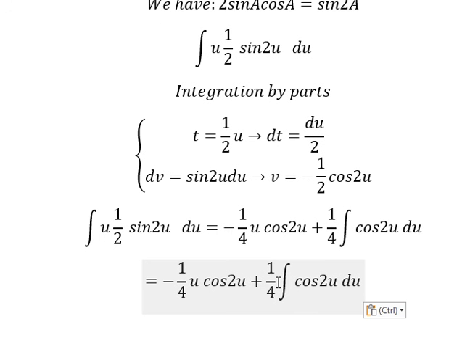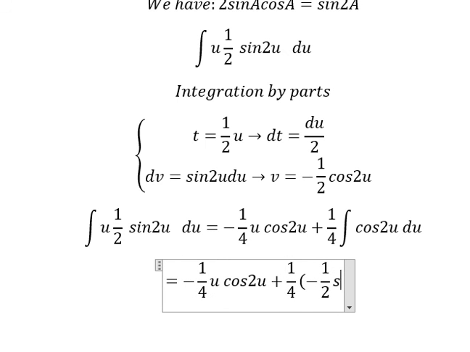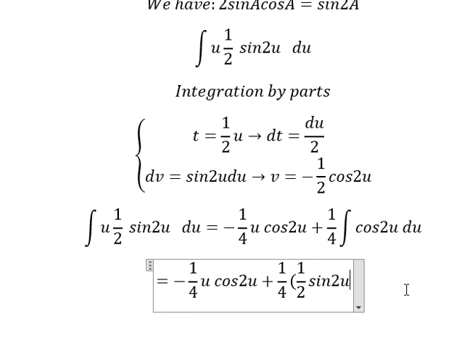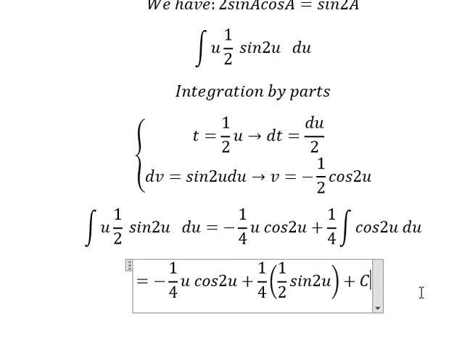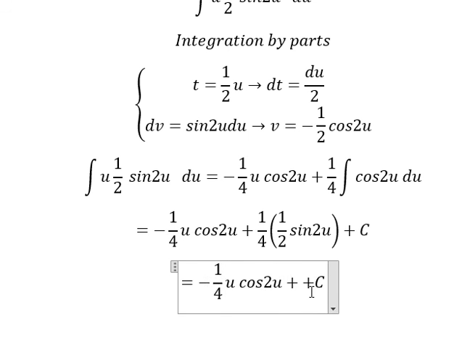The integration of cosine 2u, we have 1 over 2 sine 2u, and I will put c in here. So 1 over 4 times 1 over 2, that is 1 over 8.